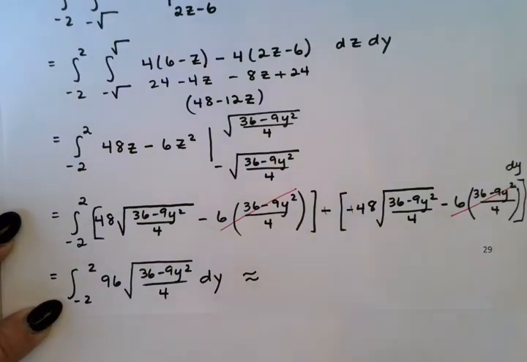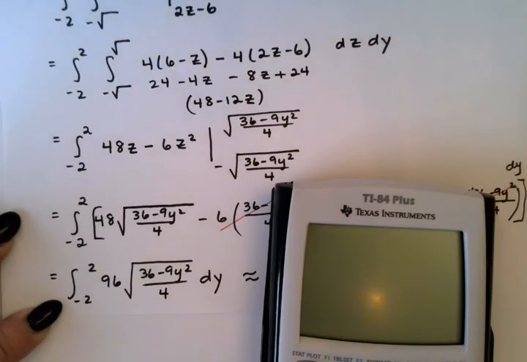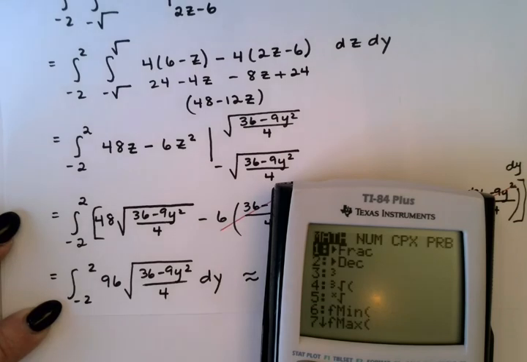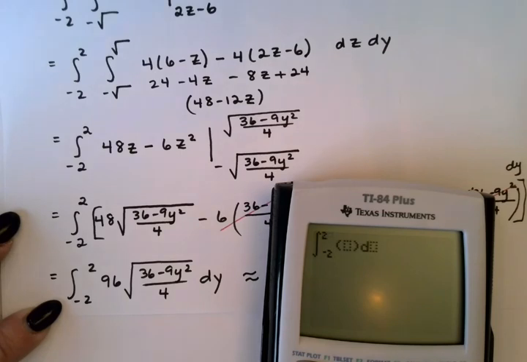And I forgot to do that one out, so we'll have to do this one together. Looks like I'm still in polar mode, but it doesn't matter. A variable is a variable.